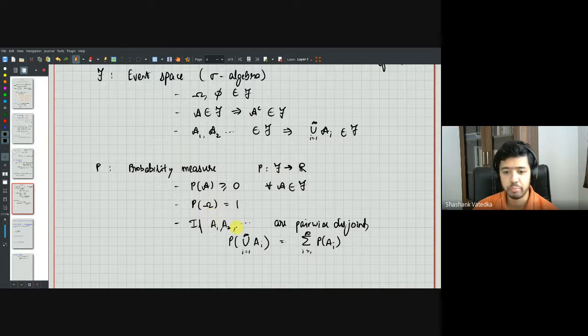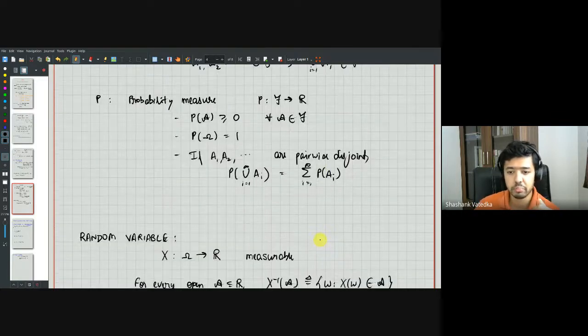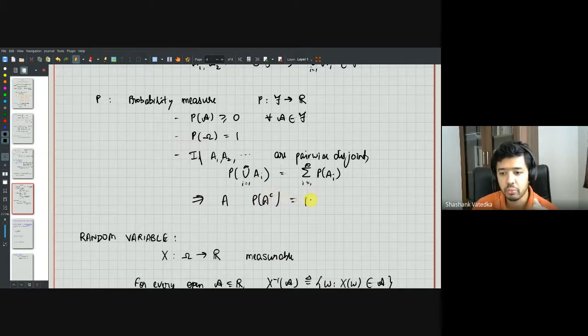And if you have pairwise disjoint events, then the probability of the union should be equal to the sum of the probabilities. In particular, this implies that if you have some event A, then the probability of A complement should be 1 minus the probability of A. Again, this is a very quick refresher of very basic probability 101.